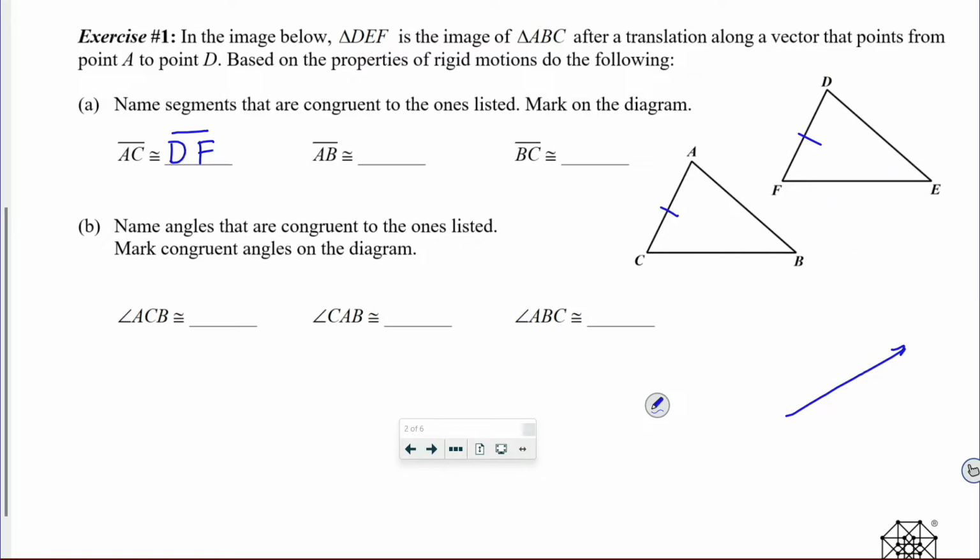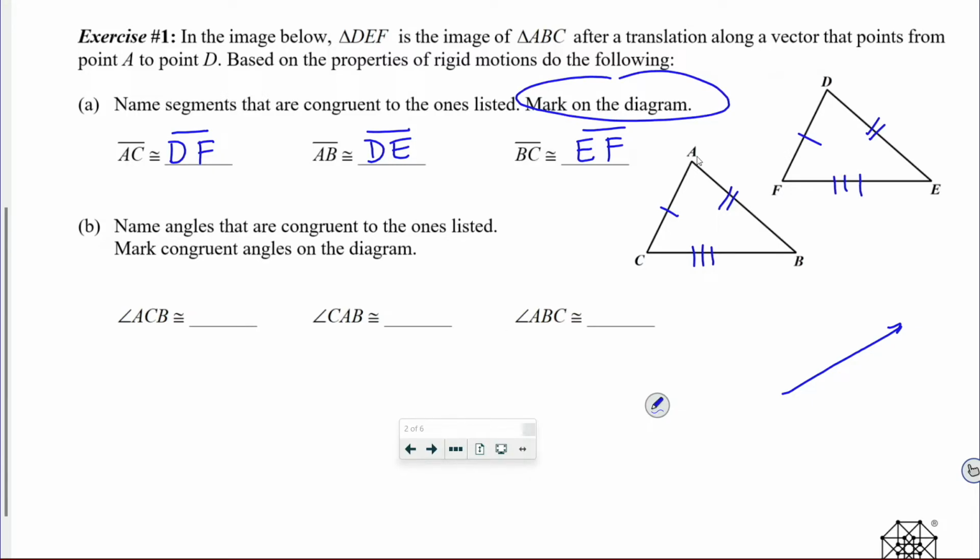And therefore, AB must be congruent to DE. And finally, I moved B to E and I moved C to F, and therefore, BC must be congruent to EF. Let me mark all of these. Double dash line there and triple dash there. That's the whole mark on the diagram.